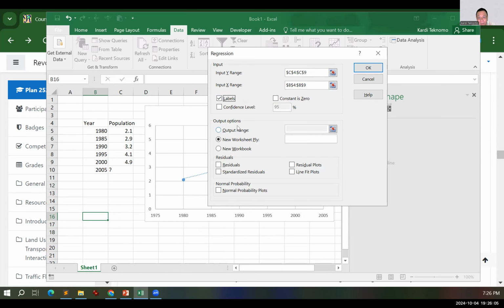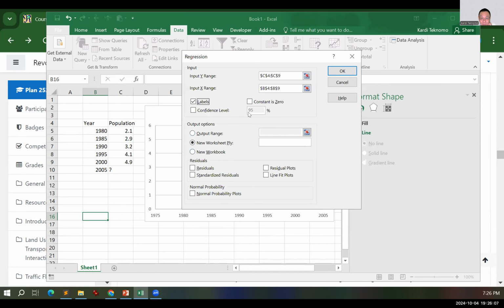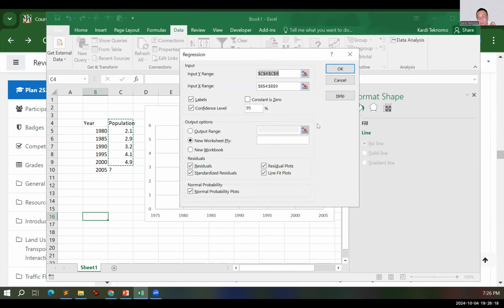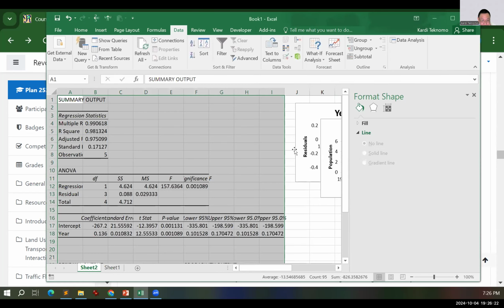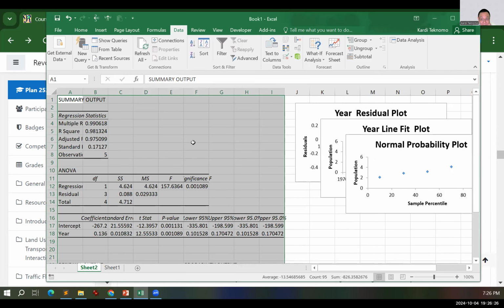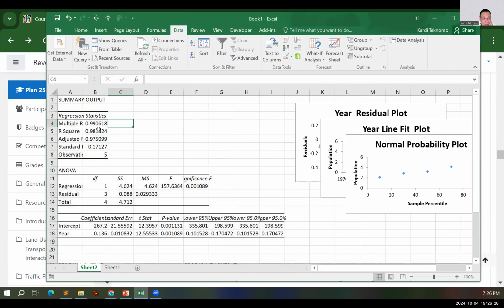What is interesting in data analysis is you can put the residual, standard residual plot, line fit plot, normal probability plot, and confidence interval, and then click OK. It will compute. So this is the result, with so many numbers here.